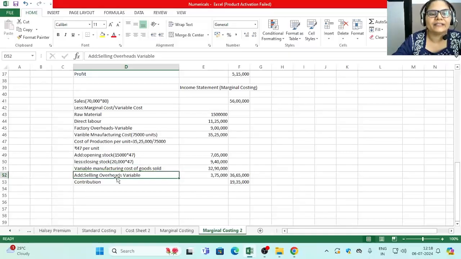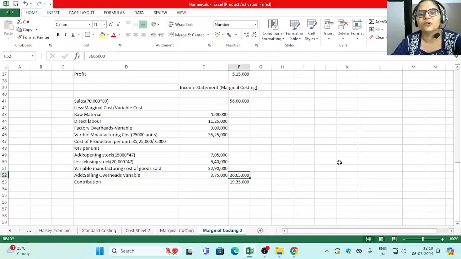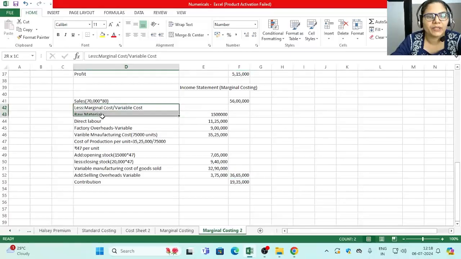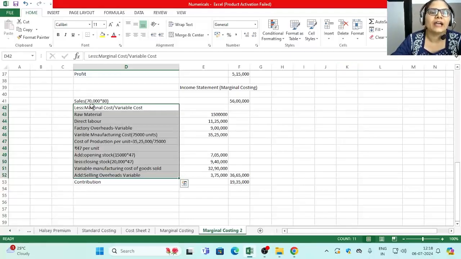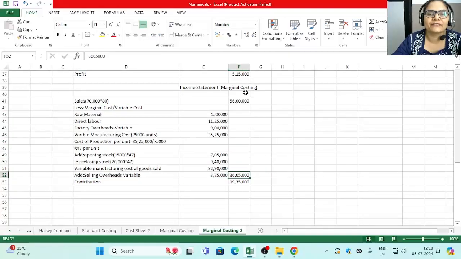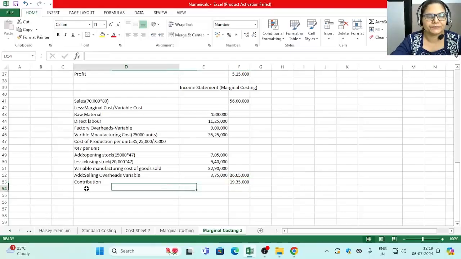In this, we will add selling overheads variable, which will be 3 lakh 75,000, and we will get the value of 36 lakh 65,000. So this portion from here to here is a part of your variable cost calculation, and we will deduct this particular 36 lakh 65,000 from sales, and finally we will get the contribution, because if we deduct variable cost from the sales, we always get the contribution under marginal costing statement.